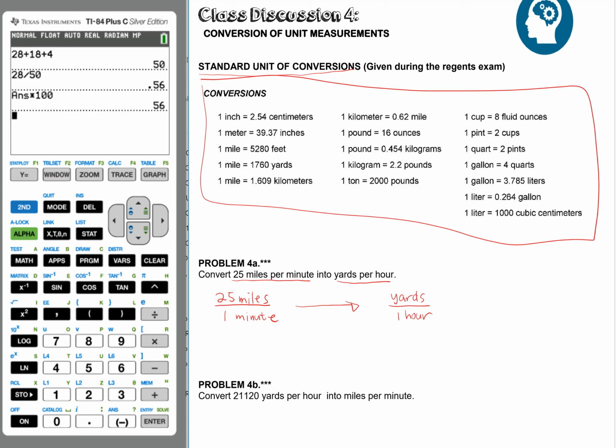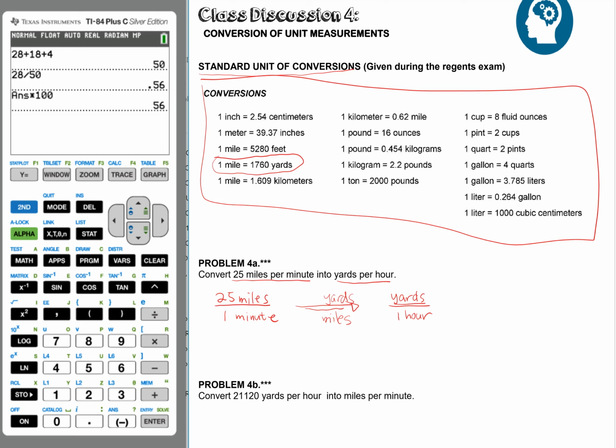So I'm going to use this standard equivalence. Now your goal is to cancel out miles, so when you write this as a ratio, you have to put miles in the bottom and put yards on top, because our goal is yards per hour.